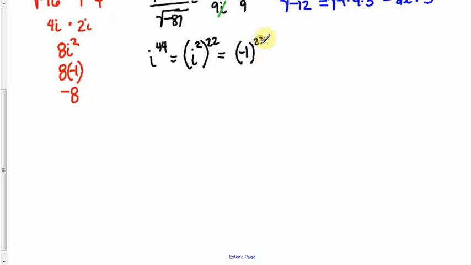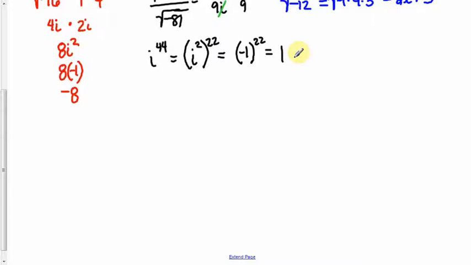Negative 1 to the 22nd power. What's a negative raised to an even power going to be as far as the sign goes? Positive. And then 1 raised to any power is always what? 1. So the answer to this is positive 1.